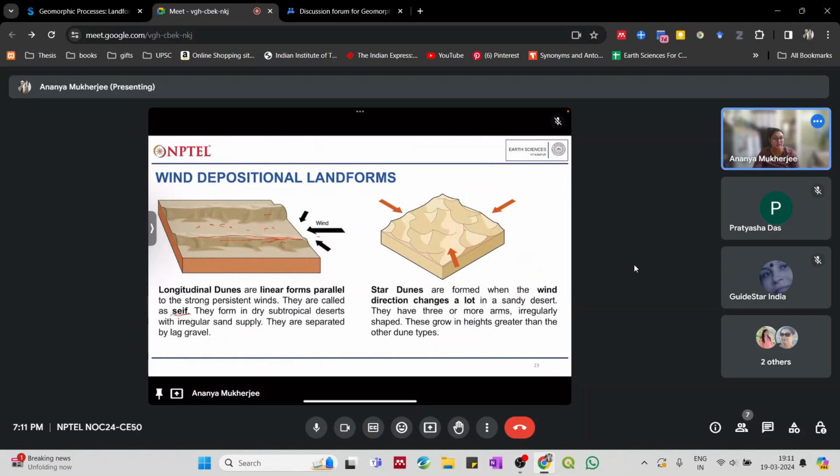You can have several arms of the dune, and they are all irregularly shaped, and they can grow in height more than all the other dunes, because there is no regularity in the sediment supply that is being brought into these areas.